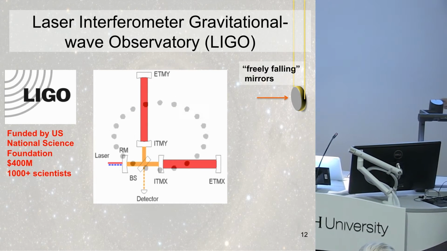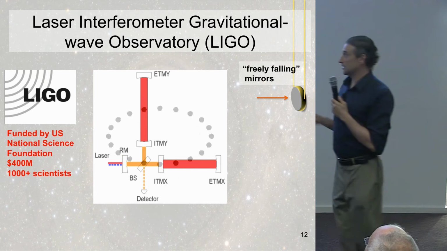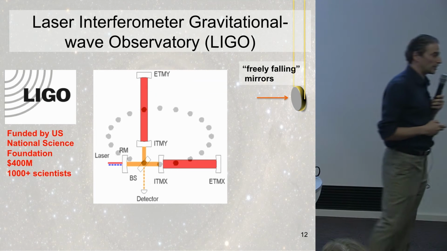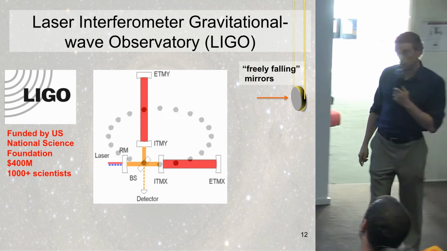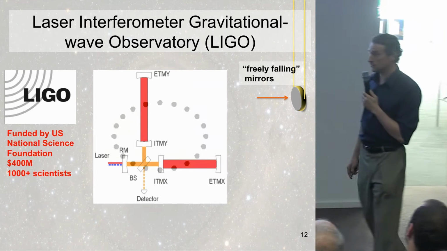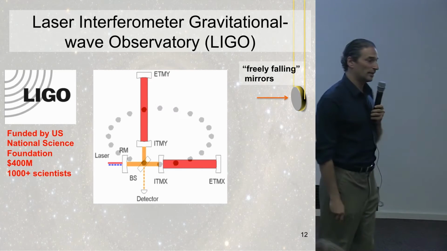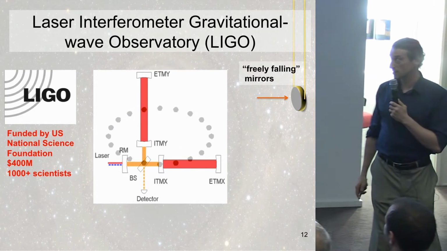And let me tell you a little bit more about what LIGO is. LIGO is an expensive project, which has demanded not just expense in money, which is considerable from the National Science Foundation, but also expense in intelligence and expense in commitment and many other types of expenses.